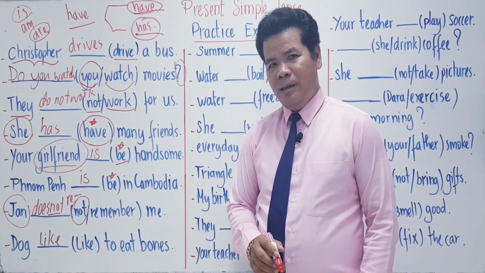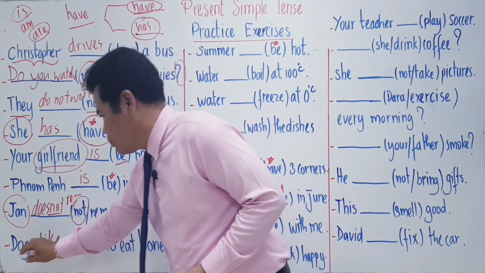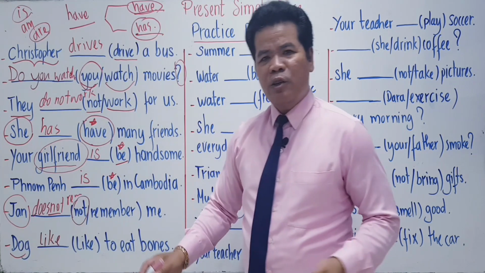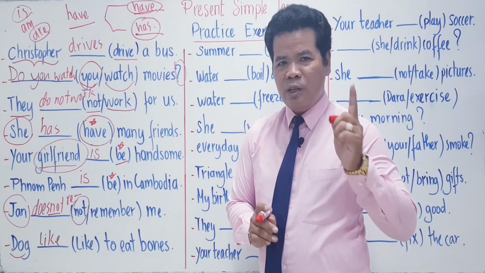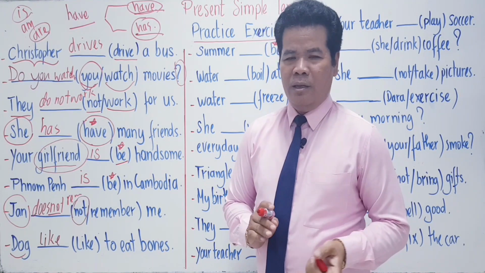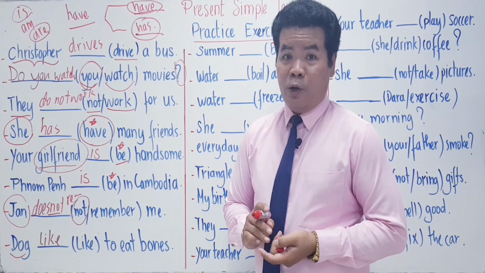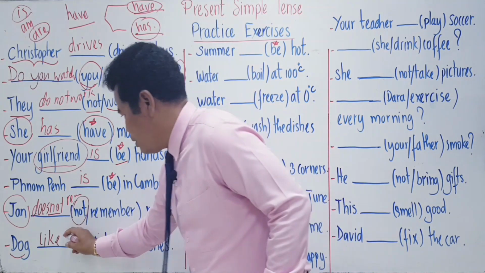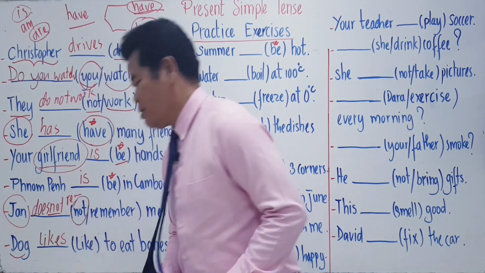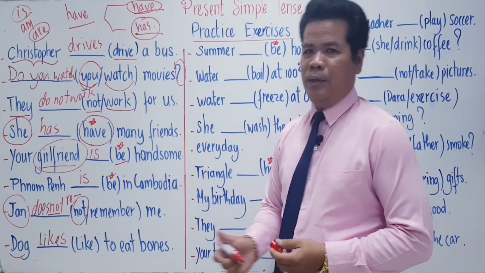Can I? No, I cannot. Think about the subject. How many dogs am I talking about? Just only one dog. I don't talk about two dogs. I just talk about one dog. So what do you use? You have to add one more S to the verb. Dog likes to eat bone.